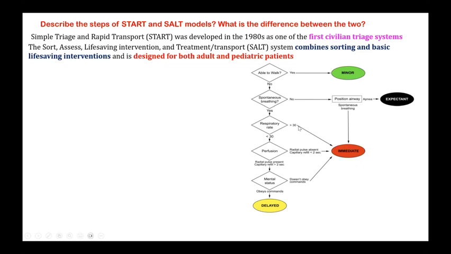On the contrary, if the respiratory rate is more than 30, capillary refill time is more than 2 seconds, radial pulse is not felt, and the patient's consciousness is not there, the 3 systems, respiration, cardiovascular and CNS, are affected. He is the one who requires treatment immediately. So that is given a red code.